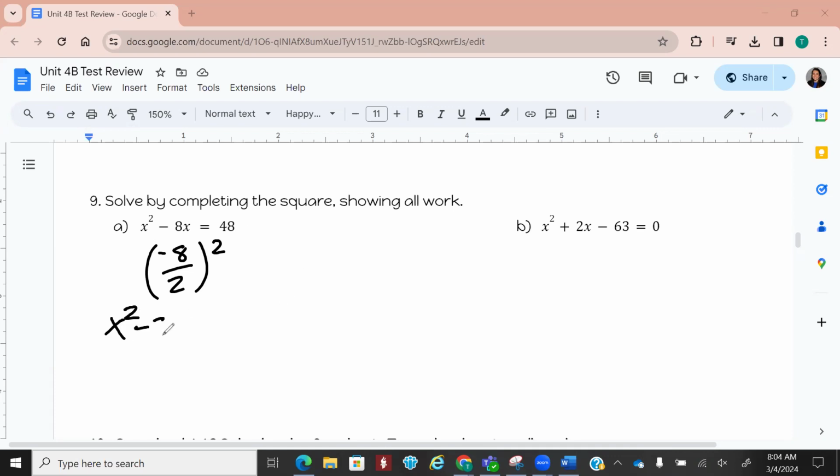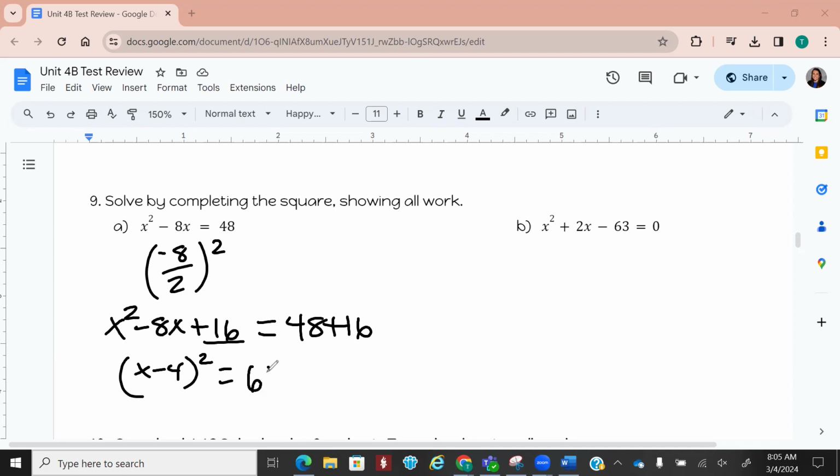We get x squared minus 8x plus 16 equals 48 plus 16. When we factor this, we get x minus 4 squared. 48 plus 16 is 64.